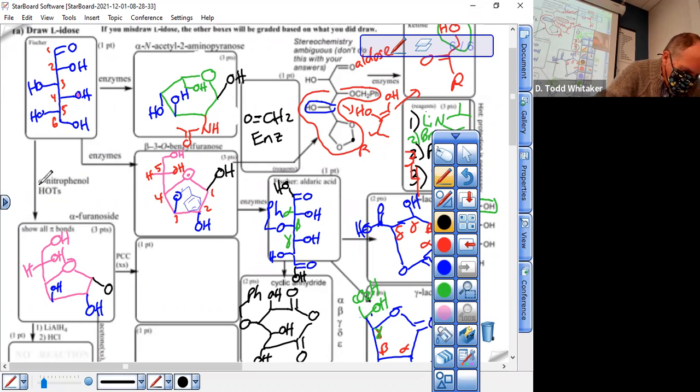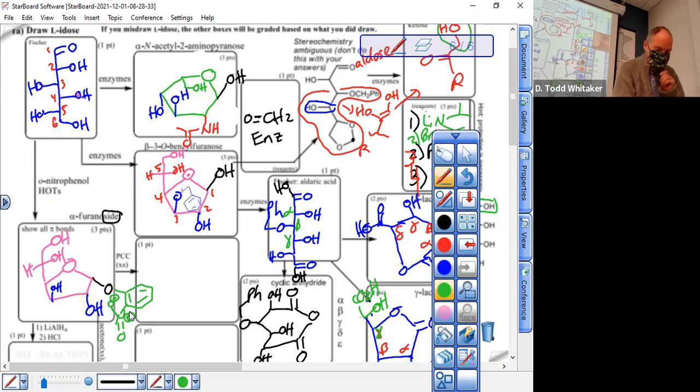And it has to have a nitrophenyl glycoside. So draw a phenyl on there with a nitro in position 2, and it says show all pi bonds. Oh, just my fancy way of saying I wanted to see if you can draw a nitro group. And there's a nitro group.